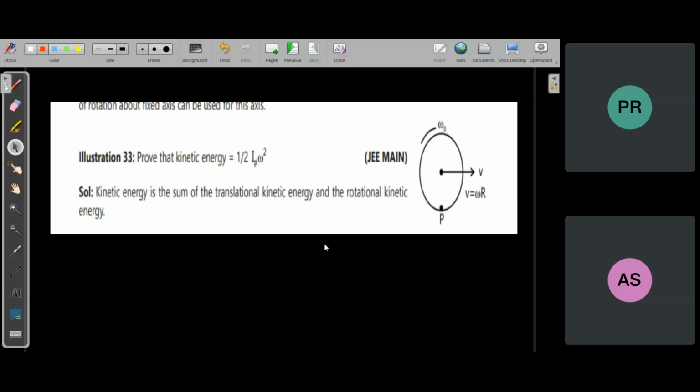It should have both or only one? It should have both, sir. So then calculate both and prove that it is equal to this. But here I is not about the axis, I is about point P.